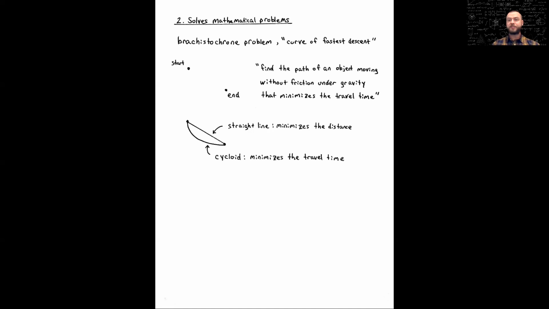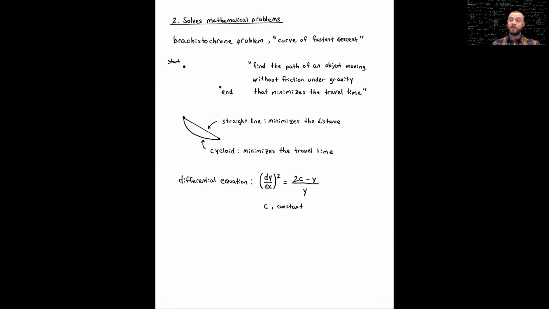All right, now how do we relate this back to differential equations? Well, the equation for the curve, the cycloid, the equation for y as a function of x that describes that curve comes from solving this differential equation.